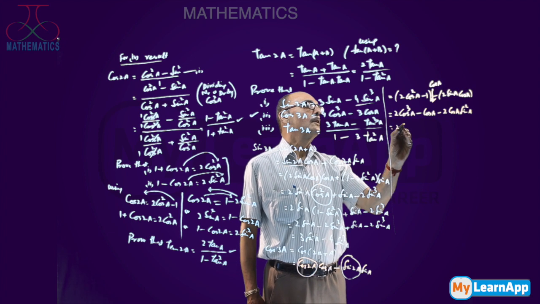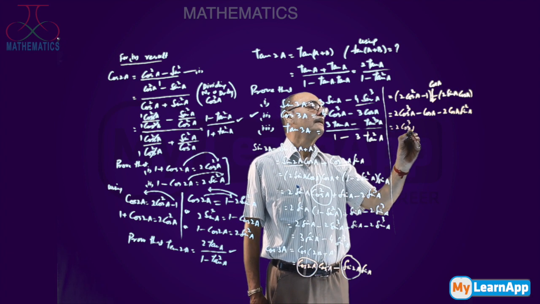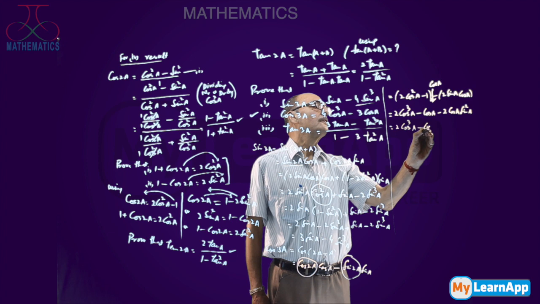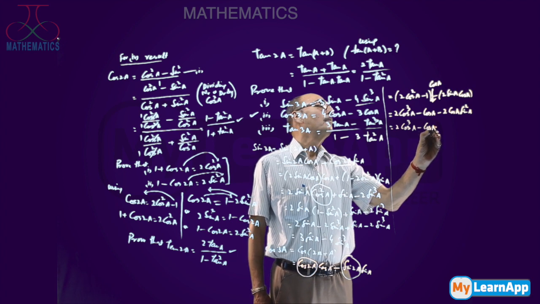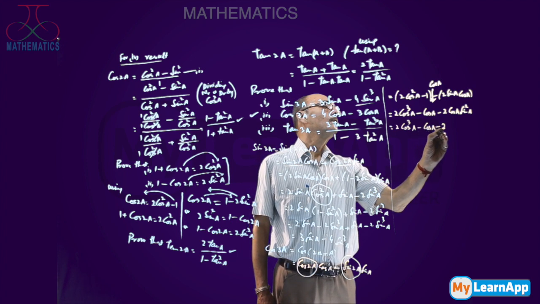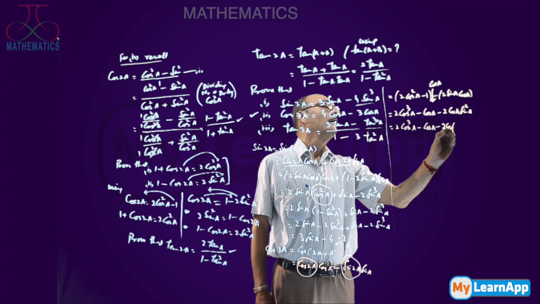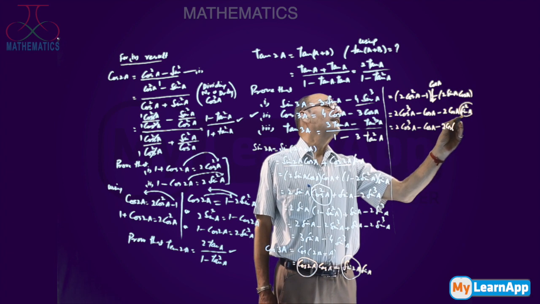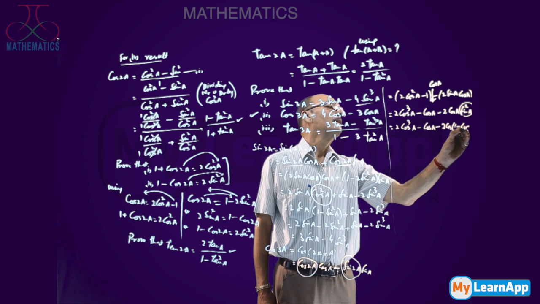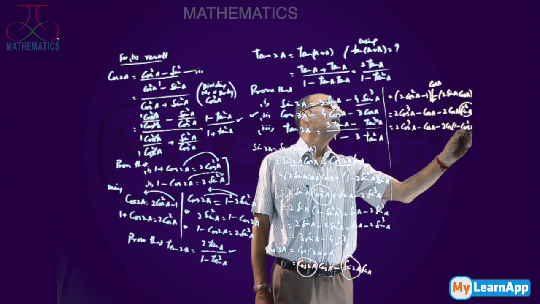So, this is 2 cos cube a minus cos a minus 2 cos a, and instead of sin square a we shall have 1 minus cos squared a.